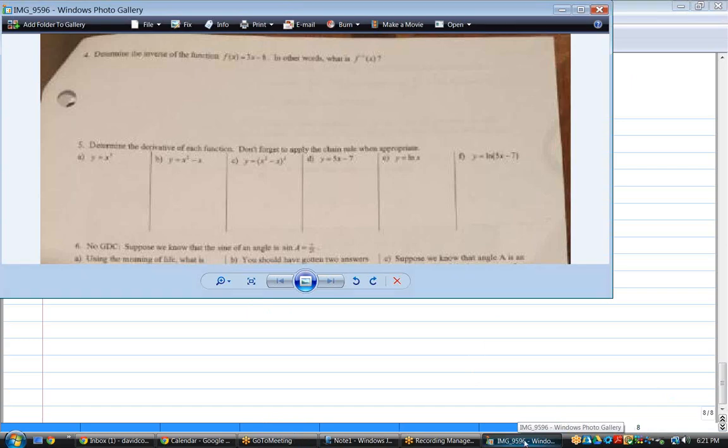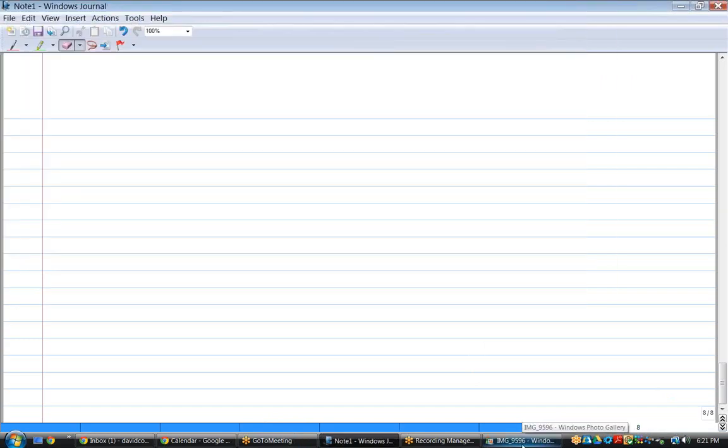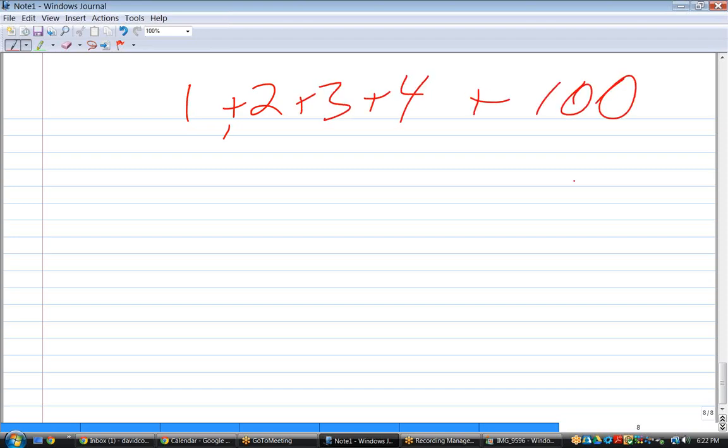Then for F, he gave me a hint. This formula is so simple, some students will find it difficult to write the function, but it's a simple function. It goes 1 plus 2 plus 3 plus 4, et cetera, up to plus 100. So I believe sigma would be k equals 1 to 100 of k.